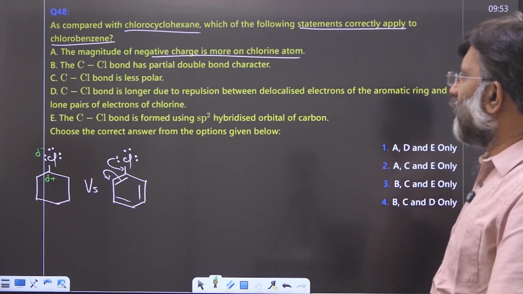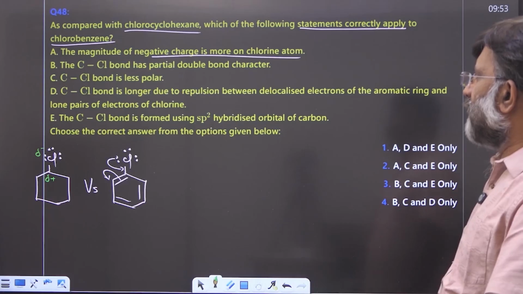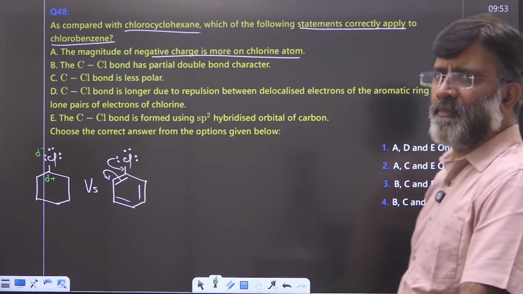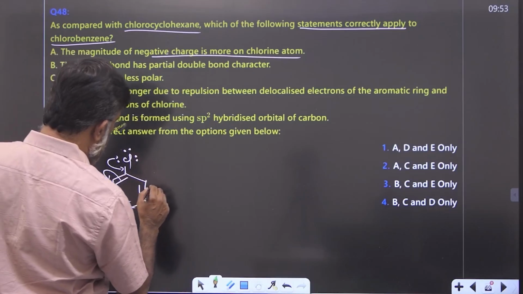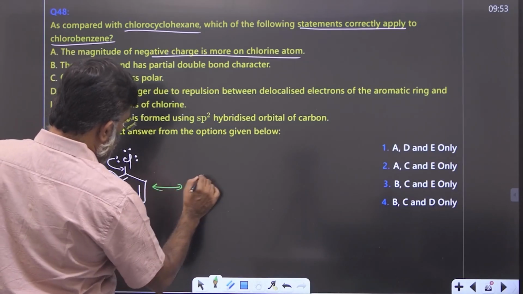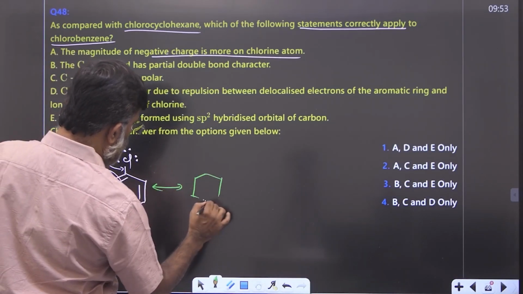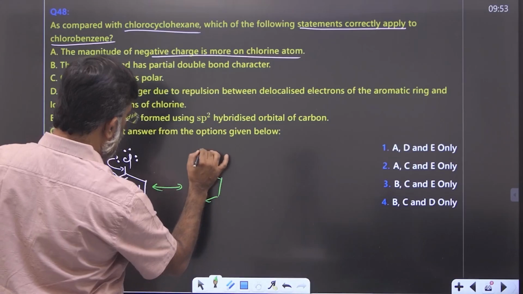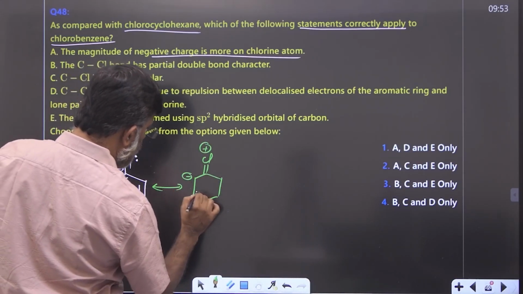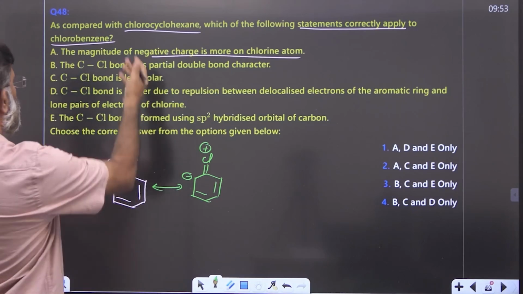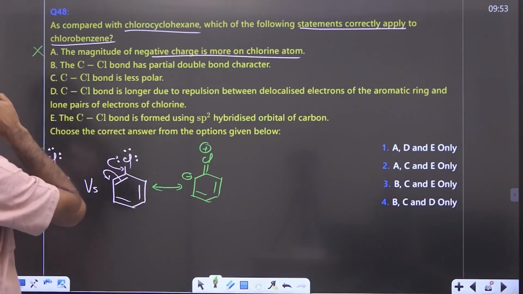So the magnitude of negative charge being more on the chlorine atom is wrong. I am sure you remember, the electrons turn like this. This is the resonating structure. So the first statement is wrong.